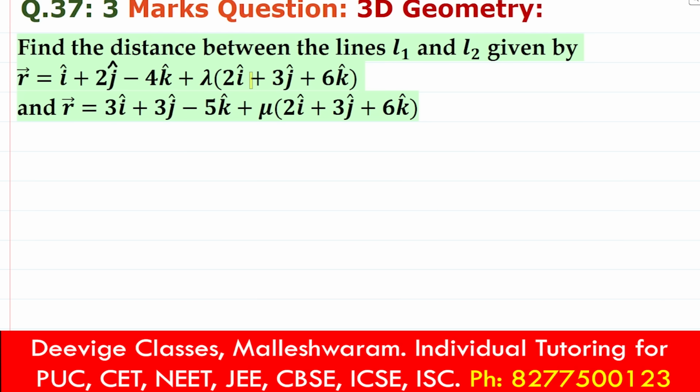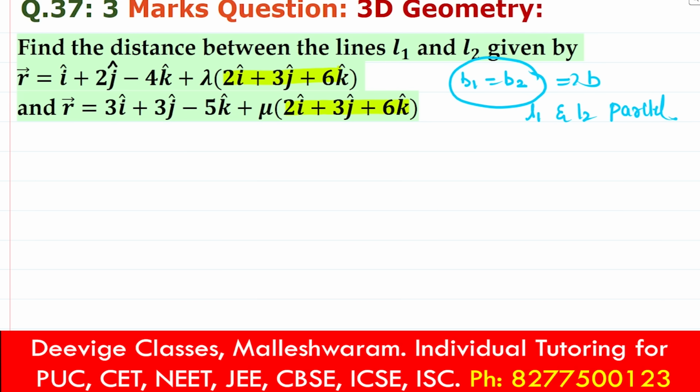Here observe that lambda into this vector and mu into this vector are the same. So B1 and B2 are equal, so we take this as B only. So these lines L1 and L2 are parallel lines.